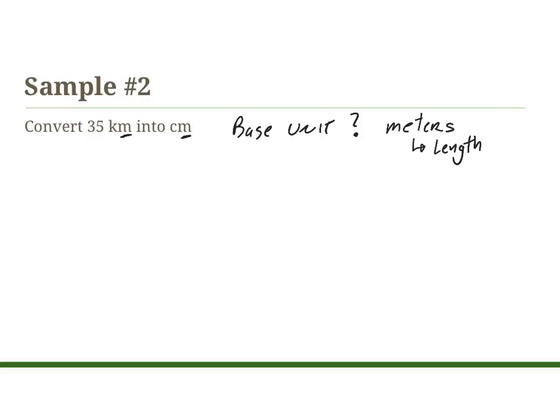Okay, and so I have to figure out the thing that links kilometers to centimeters. If I think really hard about that, I'm going to take kilometers and convert it into the base unit of meters, and then take meters and convert it into centimeters. So those are my relationships.